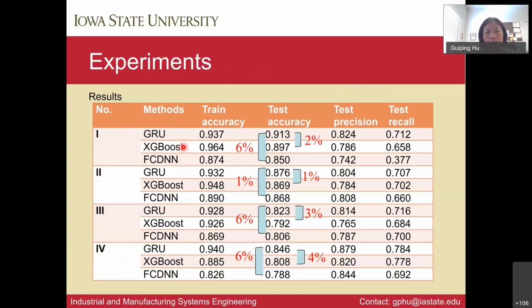As you can see from this table, we did a variety of experiments, and the GRU was able to improve upon the machine learning models. This is quite substantial because the accuracy was already quite high to begin with.